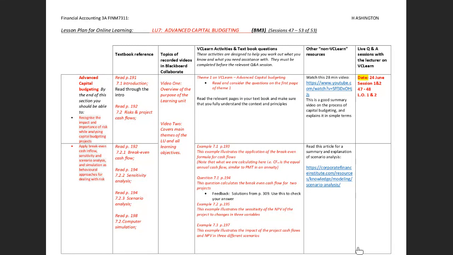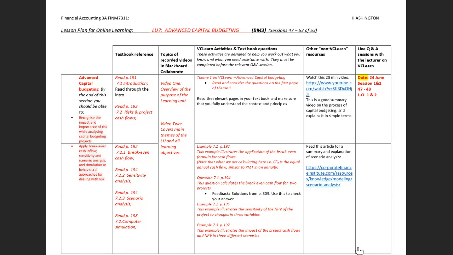Whereas if your range is worst case 5 million profit, best case 8 million profit, then you can see the distance between them is so small that your risk is clearly small as well. So that's what we're trying to assess in scenario analysis. What is the range for this particular project?